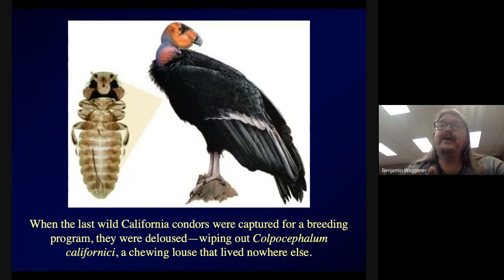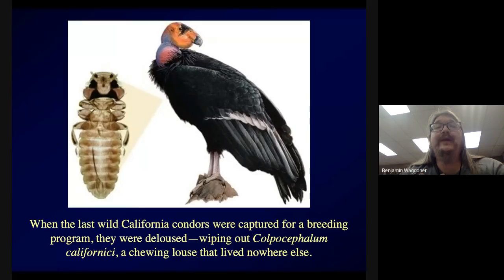There's a California condor. I believe that's the largest flying bird. And in the 70s, the species was almost completely wiped out, and the very last of them were captured for a captive breeding program. They have since returned to the wild, and they are making a slow comeback.